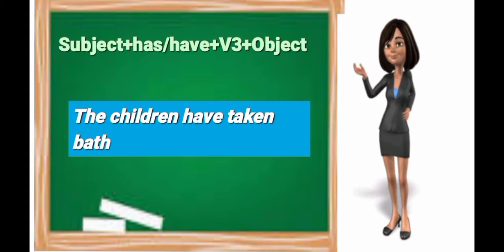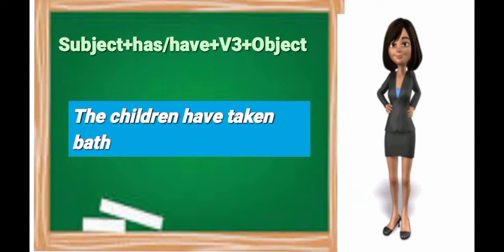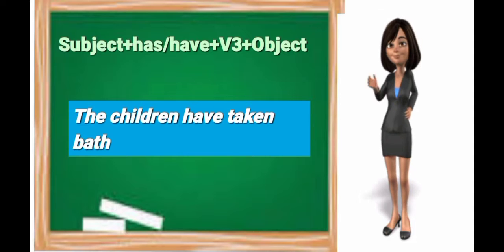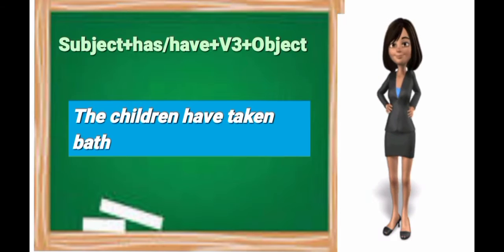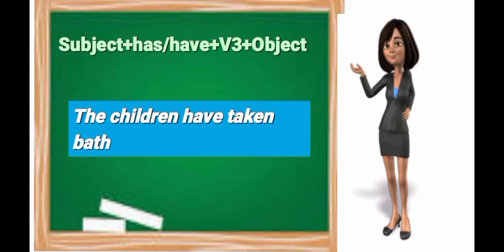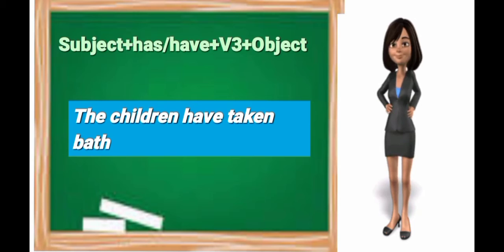And our object is a bath. So why is our subject children and our verb have? Once our subject is plural, dapat ang kasunod po is plural sad. Dapat mo gamit og has if our subject is singular.